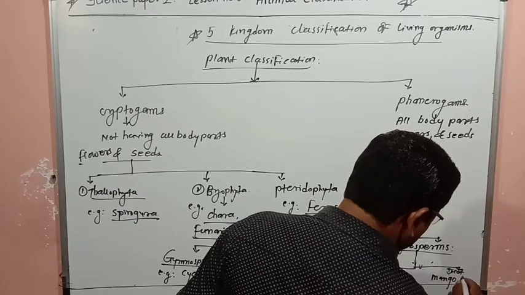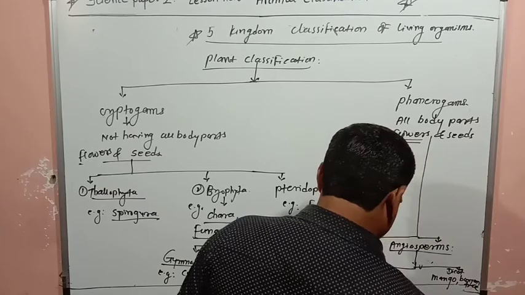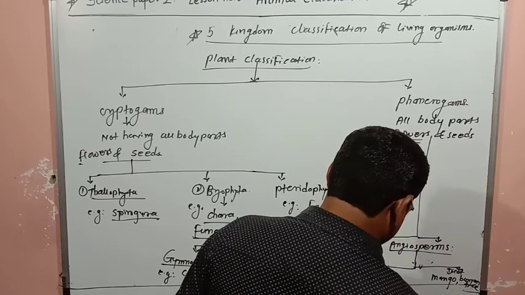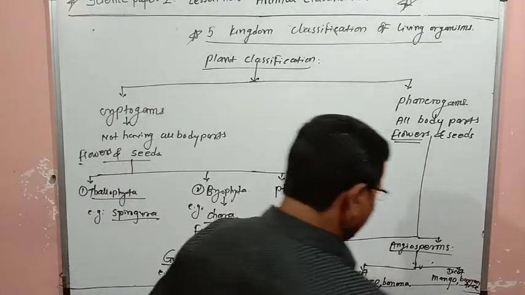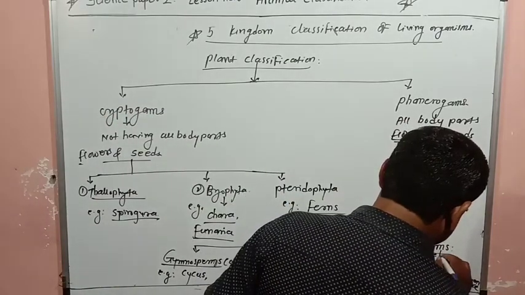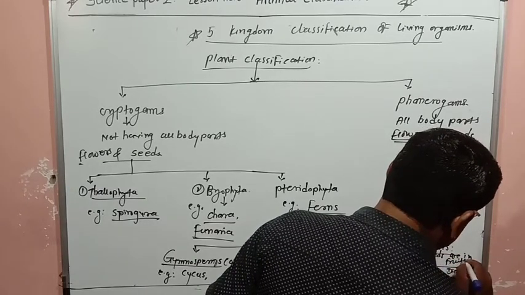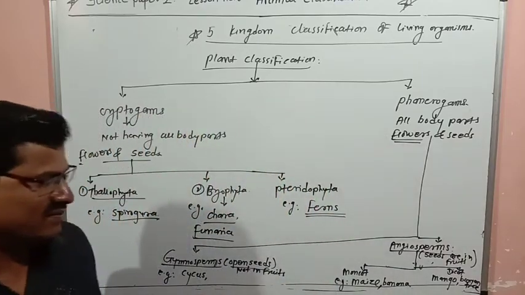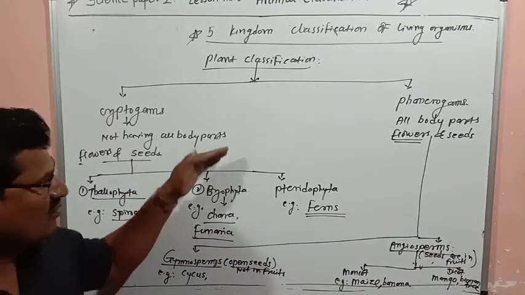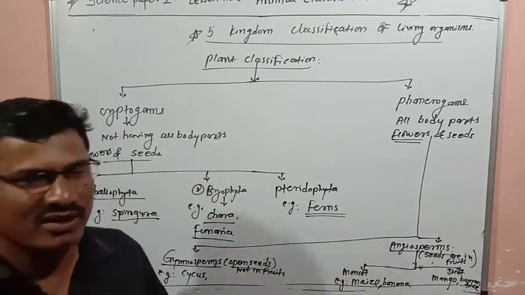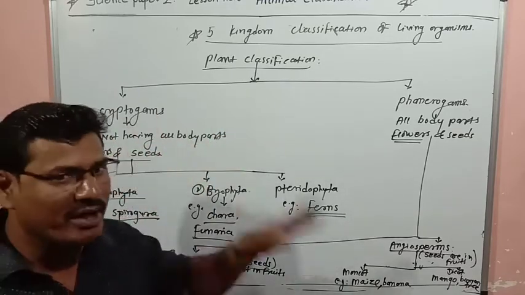You can also give the banyan tree as an example, and for monocot also the banana tree. In angiosperms, seeds are present in fruits, covered by the covering of the fruit. So this is the classification of plants.